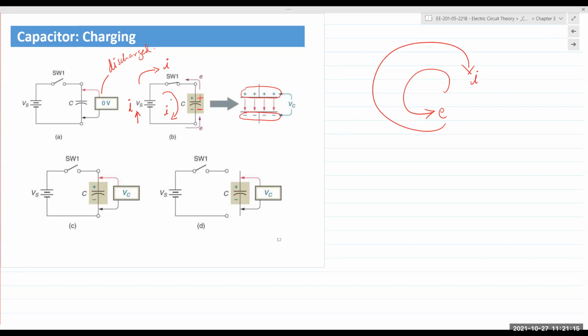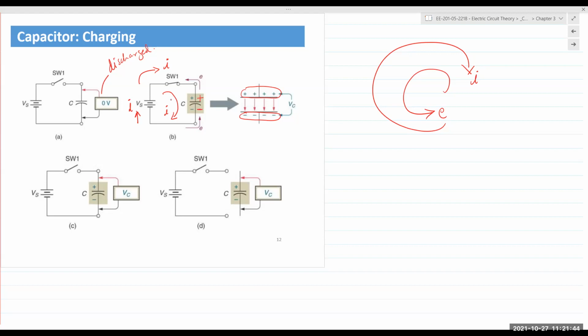But I want students to understand, when we say current flows through a capacitor, it's not actually flowing through the capacitor itself. Does everyone understand the difference? Physically, there are no electrons going through the capacitor, yet we still say capacitor current flowing through the capacitor itself. All right. Any questions?